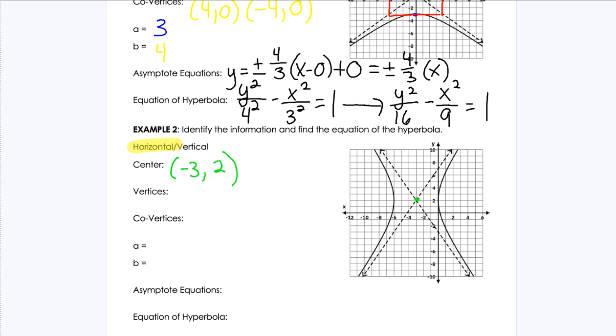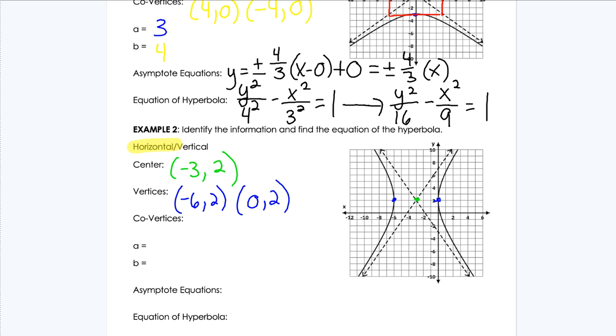And then that allows me to start finding my vertices. So I can see I've got one vertex on the left side and one vertex on the right side. Those both labeled. So those vertices are at -6, 2, and 0, 2. All right, so I'm going to use what we talked about earlier to start making that rectangle to kind of help me.